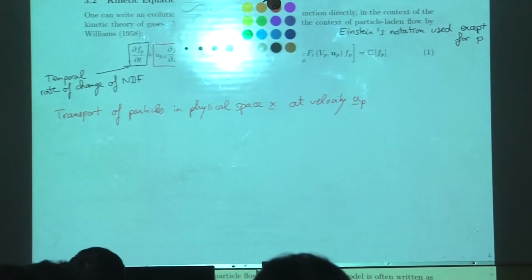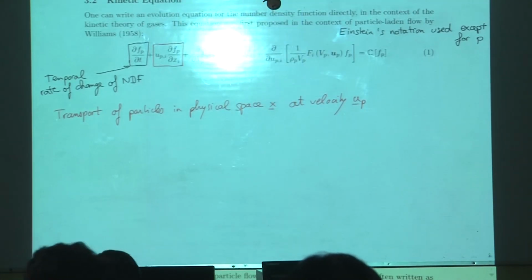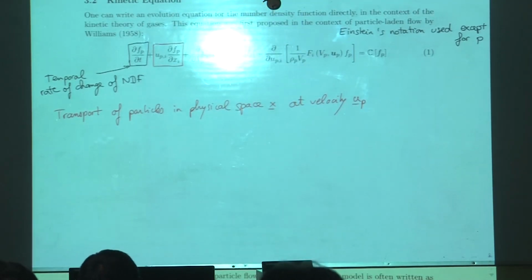What is the second term? Well, the second term is now, it contains a derivative with respect to the volume. So that will describe the changes or the evolution of that function in volume space.